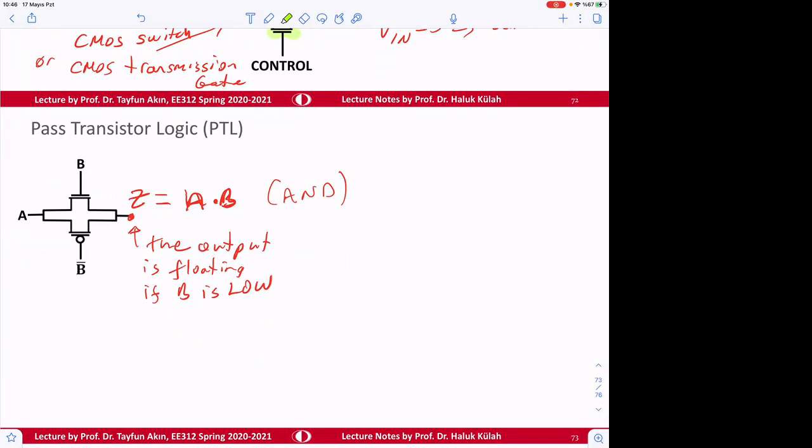So now, if we want to make a logic out of these pass transistors, we have to think carefully here. Maybe I can just erase this and then say that, okay, this looks like A and B, but really it is not.